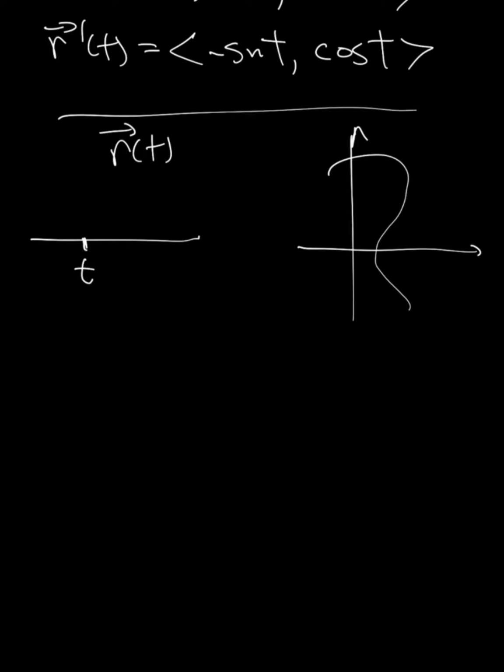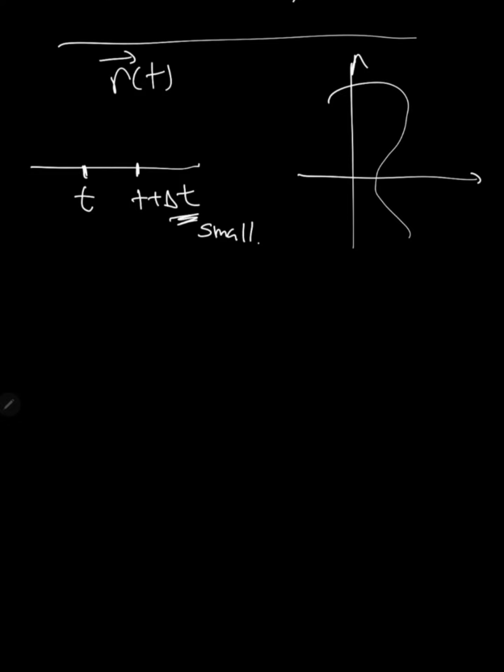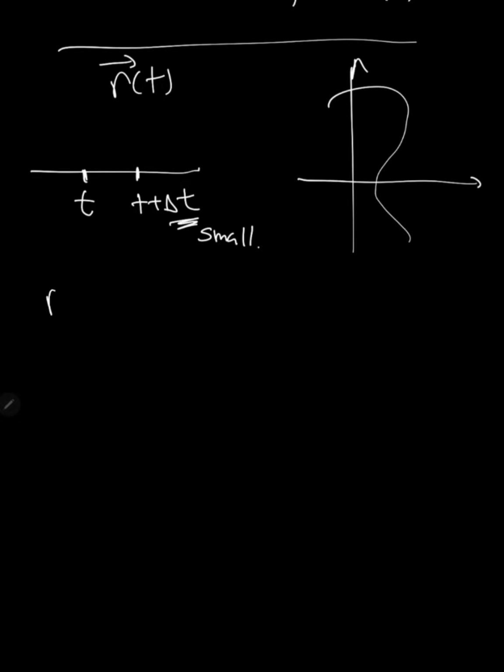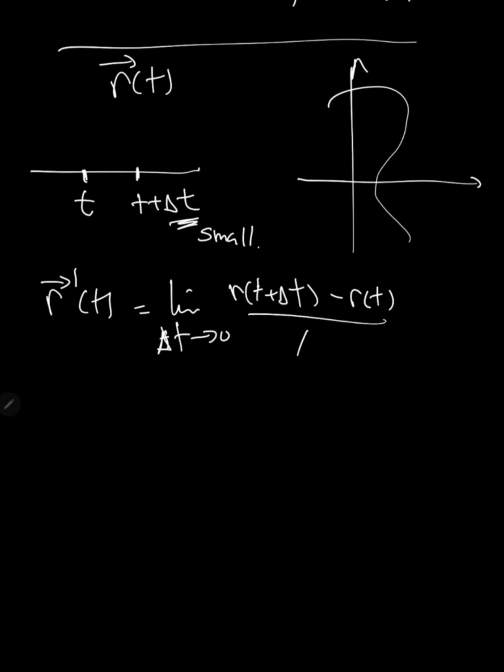We're basically interested in what the derivative means. So what I'm going to do is, just like in one variable calculus, I'm going to consider r at the time of interest, r at t, but also at t plus delta t, where delta t is small, just like in one variable calculus. Okay, so basically the same idea. And essentially, r prime of t is going to be the limit as delta t goes to 0 of r of t plus delta t minus r of t, over delta t.